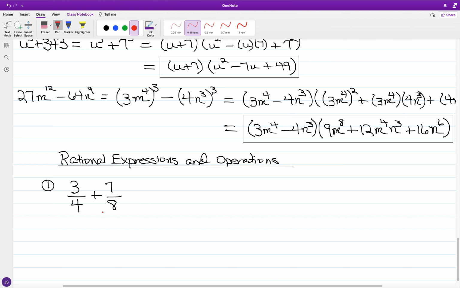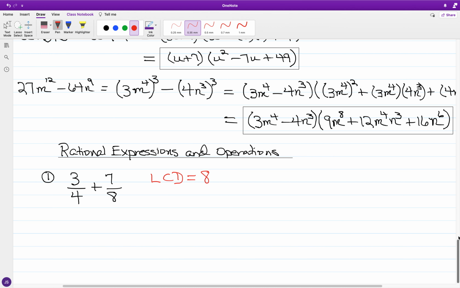And to be able to add these together, we need to put these in terms of a common denominator. Now the least common denominator for this pairing is going to be 8, since that is the smallest number that both 4 and 8 will go into. And if you notice, the second fraction is already in terms of the least common denominator.